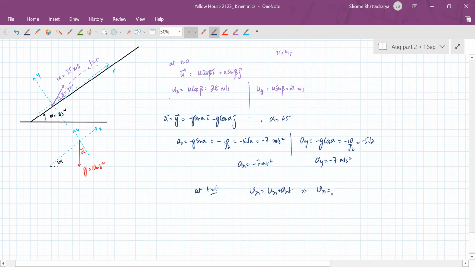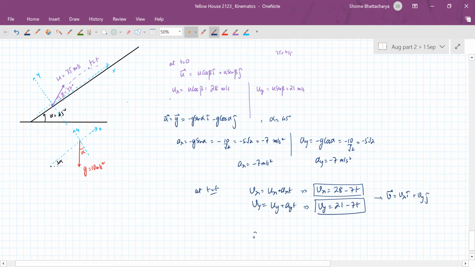So velocity's x component will be given by 28 minus 70t. Similarly, velocity's y component is 21 minus 70t. The instantaneous velocity is this in component form. Okay.